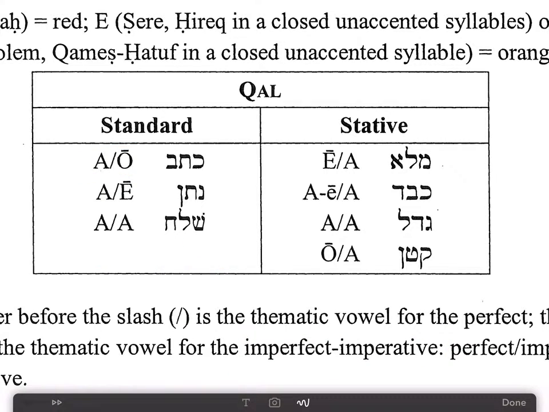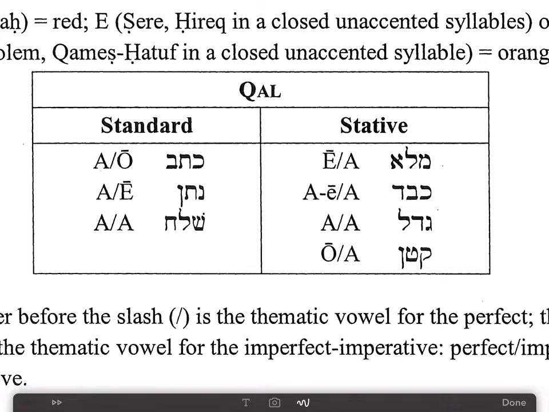So, if you remember our qal paradigm, in the qal we have katalti, katalta, katalt, katal, katala. You have that A under the tet in all of those, except for when it reduces with vocalic endings.